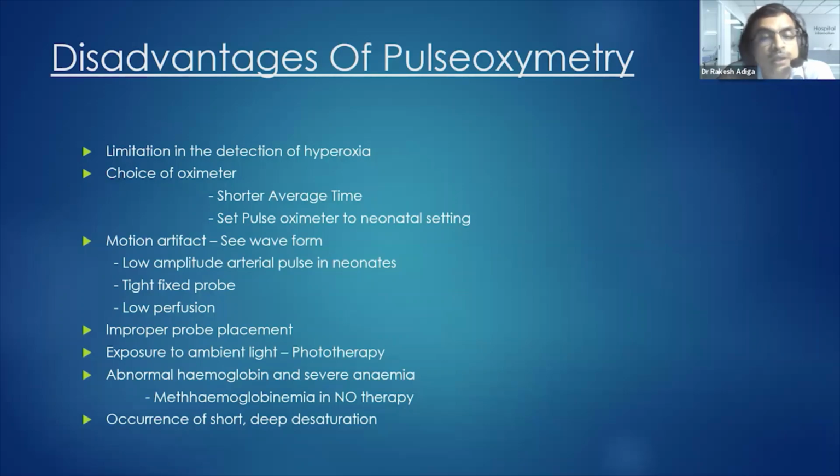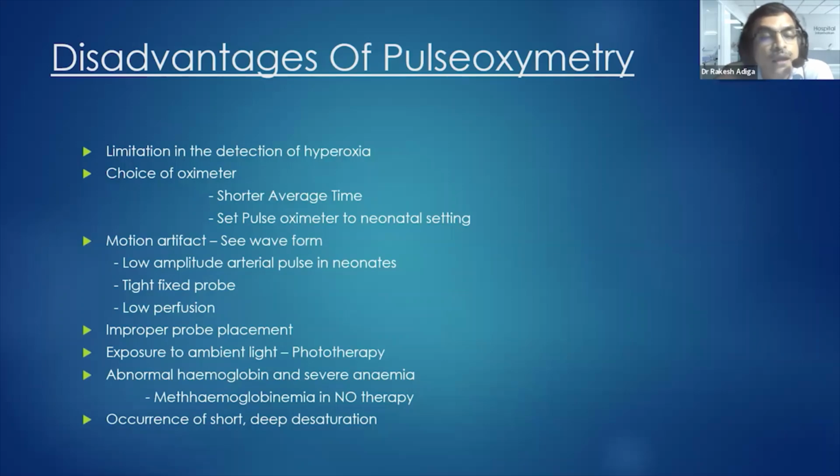Exposure to ambient light like phototherapy will affect the transducer and sensor of a pulse oximeter. So we should cover the area of the pulse oximeter reading, and also we should never tie an NIBP cuff to the same limb as the pulse oximeter.